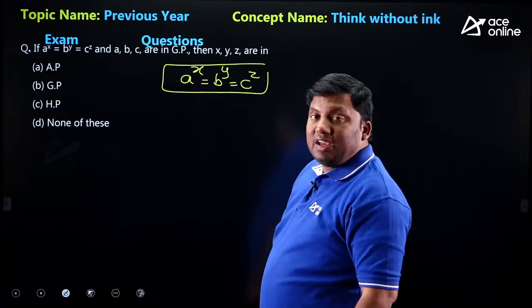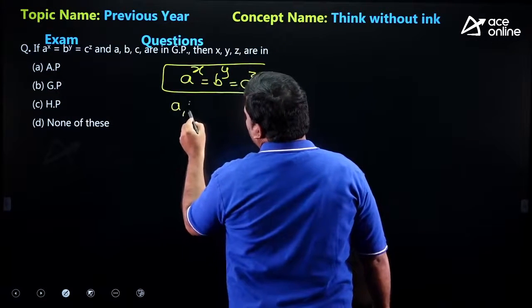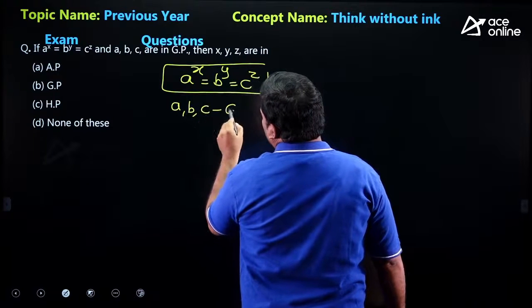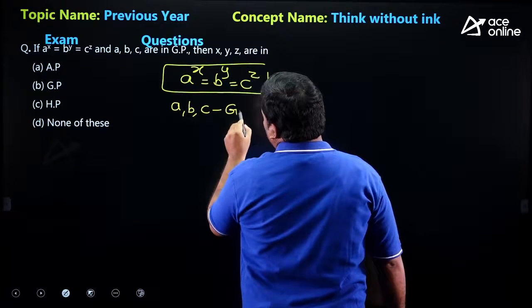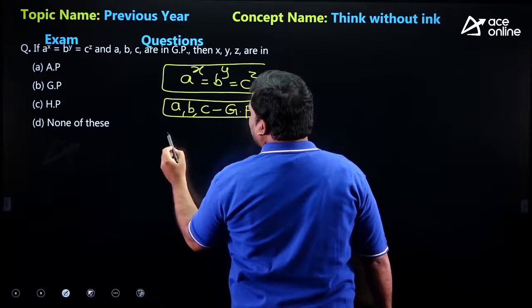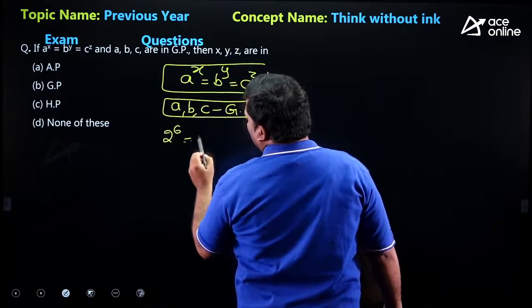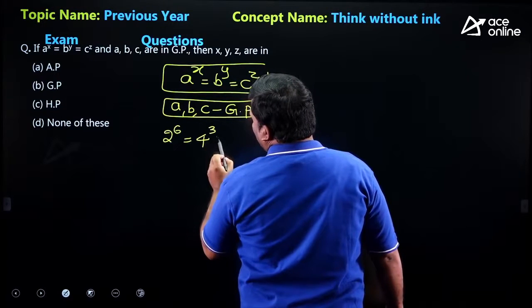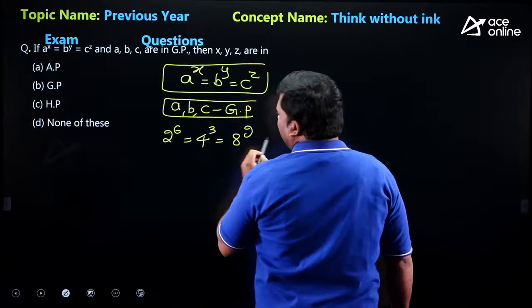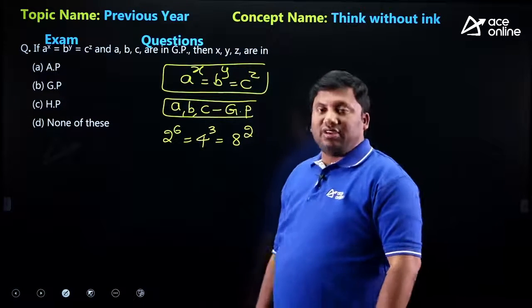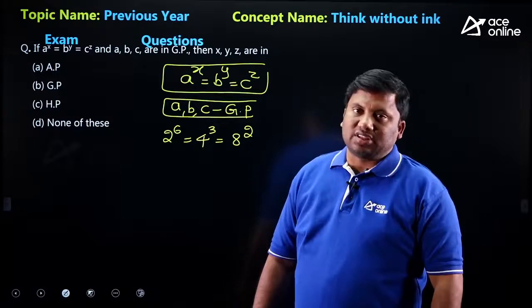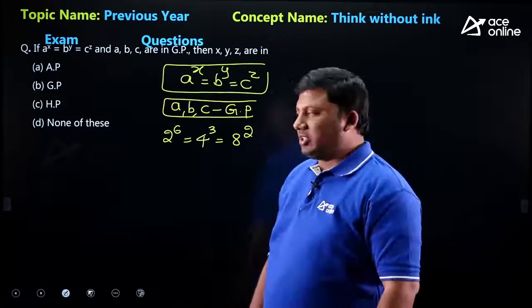A, B, C are in geometric progression. If A, B, C are in geometric progression, that means B square is equivalent to A into C. Just now we did it. 2 power 6 is equivalent to 4 cube is equivalent to 8 square. 2 power 6 is 64. 4 cube is also 64. 8 square is also 64.